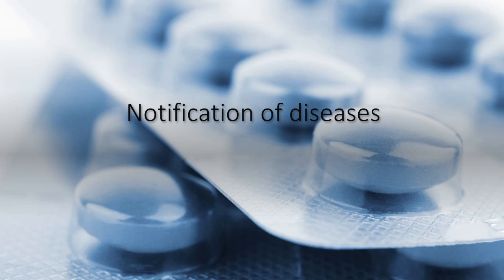In other words, diseases which are considered to be serious menaces to public health are included in the list of notifiable diseases. It can vary from country to country, within the same country between the states, between urban and rural areas, etc.